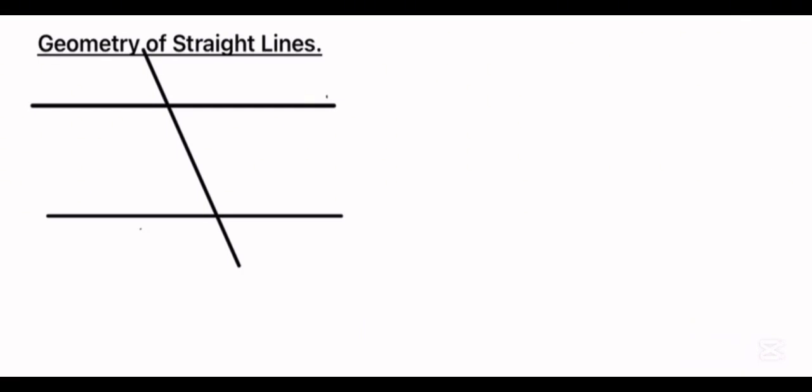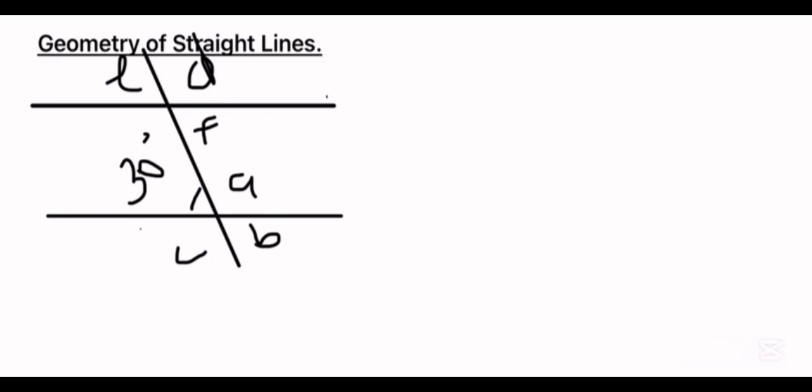Let's try out another example. Let's say we're given this angle here to be 30 degrees, and then we're asked to find A, B, C, let's say D, and let's call this E, and then this one F. What do you think?